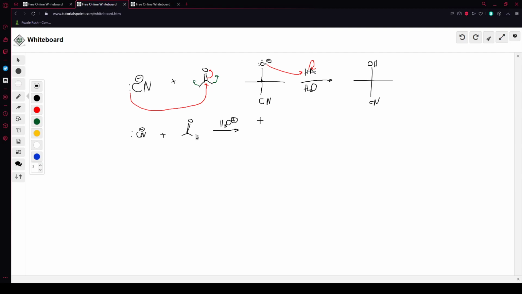And so then we're going to get this, where we have the alcohol from the oxygen on the carbonyl, the hydrogen, because it's one of the bonds to this center carbon in aldehydes, and then our nucleophile added to the carbonyl.